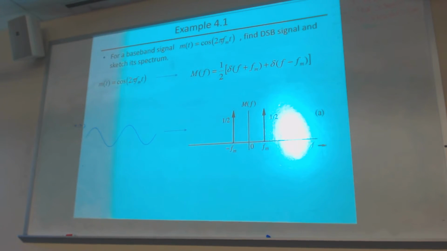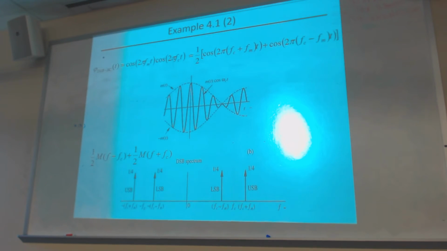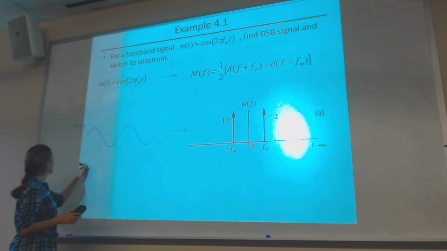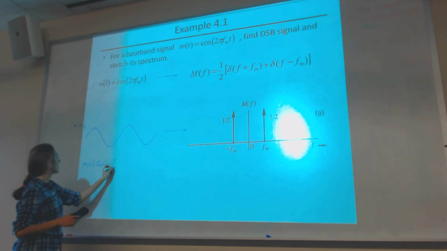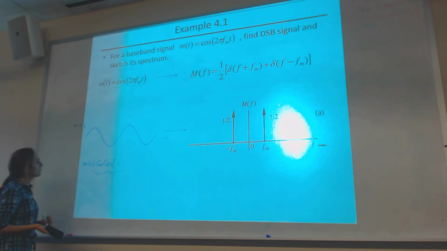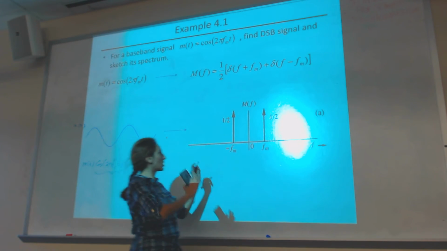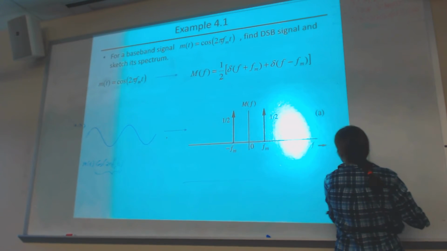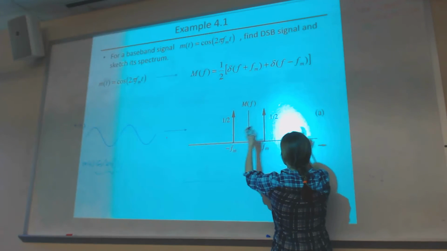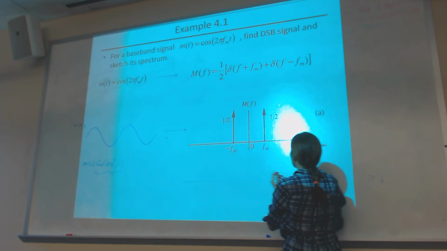Now, if I multiply by some higher frequency carrier, what happens? If I multiply my m(t) by cosine of 2 pi fct, this is how AM works, right? So I multiply by a high frequency cosine. What changes happen in the frequency domain? The spectrum shifts to fc and minus fc.